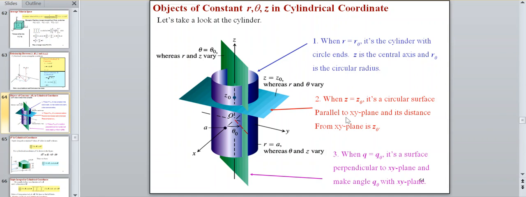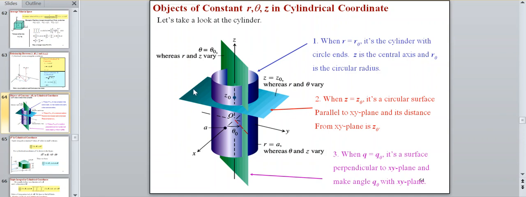This one in purple color, you can see z is the central axis and r0 is the circular radius. Second, z equals z0. Simple. Do you remember we said that z in the Cartesian coordinate system and the cylindrical coordinate system is the same. So when we say z equals z0, it's a plane parallel to the xy plane, passing through z equals z0.